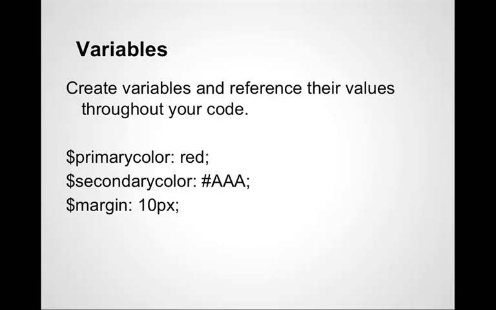So you can create variables in your Sass files that you can reuse throughout that file. Here I've got three examples: a primary color variable, which I've just set to red, a secondary color, which I've set to a hex code, and a margin, which is just set to 10 pixels.